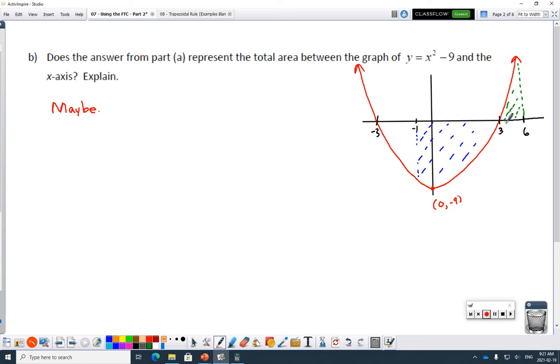So now my maybe answer, I'm going to cross out my maybe answer and go, no. This was not the area between the x-axis and the curve. I'm now willing to say, no. It's a net area. That is, it's an area that's been calculated by adding a whole bunch of positives and negatives and putting them all together.